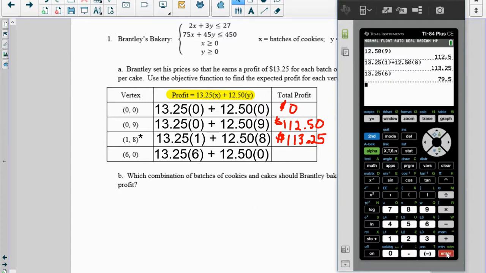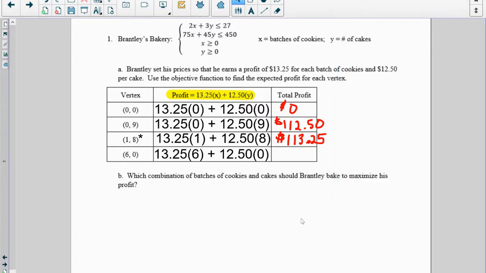That is 79.5, so $79.50 in total profit. Again, that's not how much it costs. That's just how much he makes above and beyond the cost of wages and supplies.